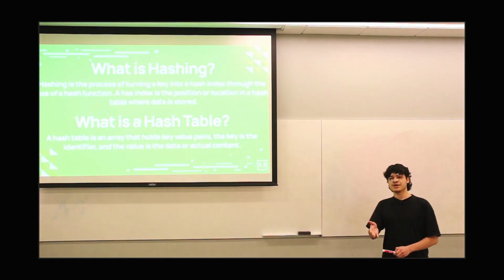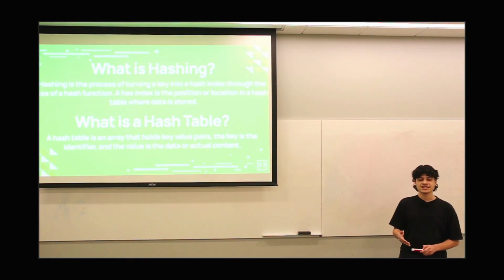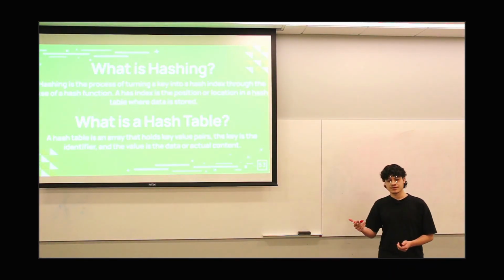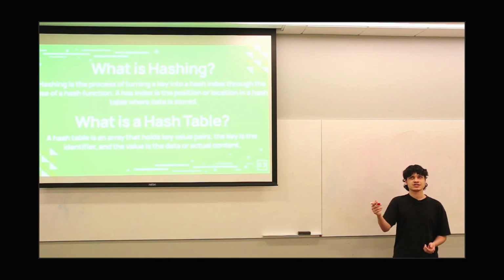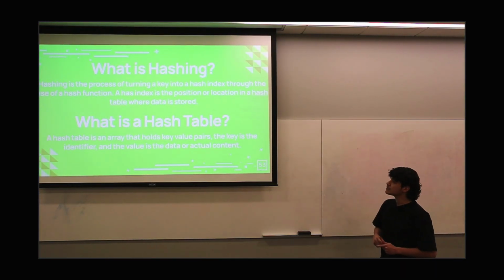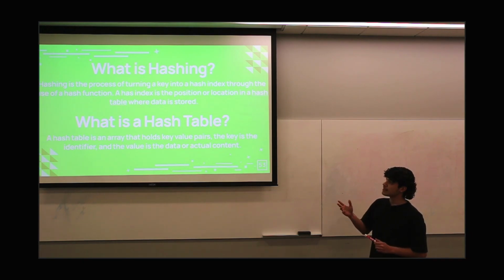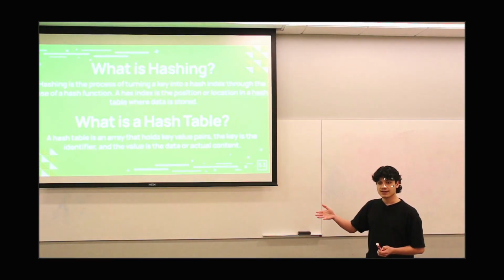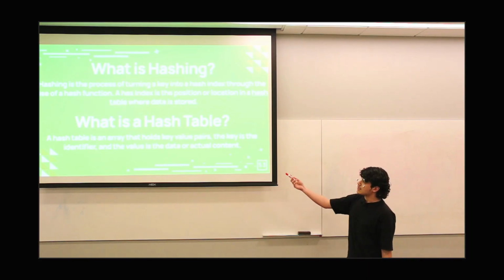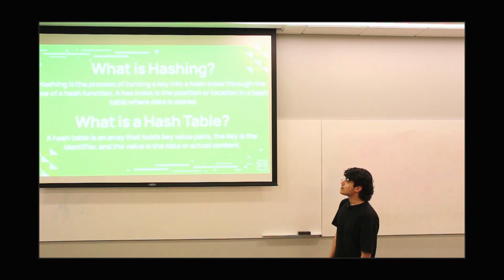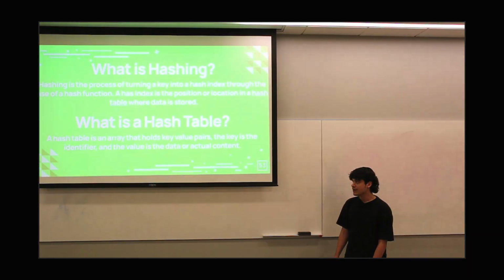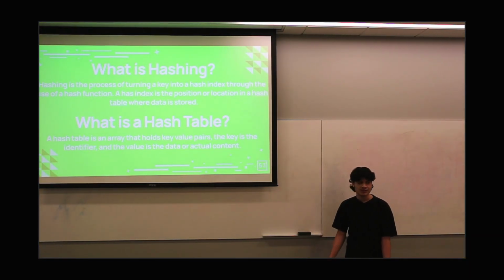You take your key modulus the table size, and that gives you the index. Then you store that key, in key-value pairs. A hash table holds key-value pairs, where the key is your identifier and the value is the actual content that you're storing there.